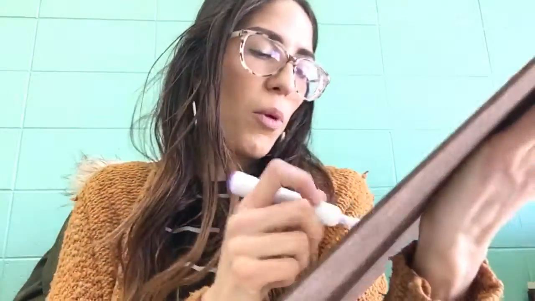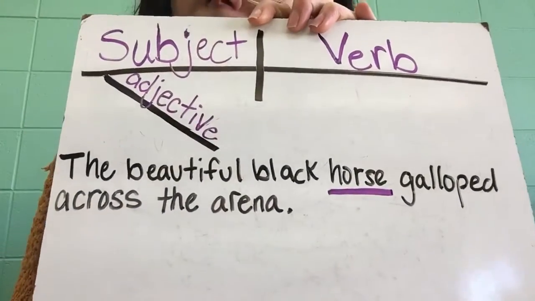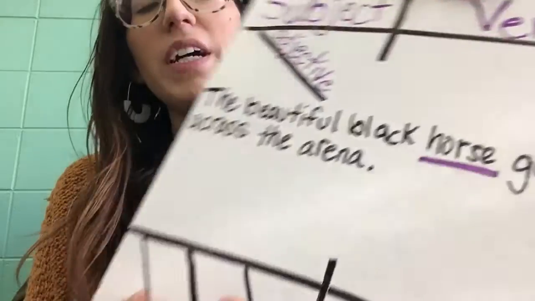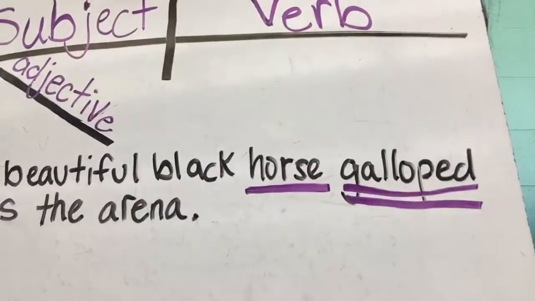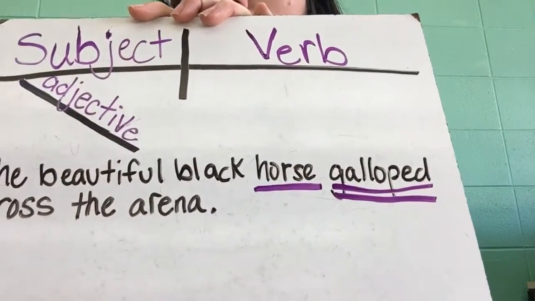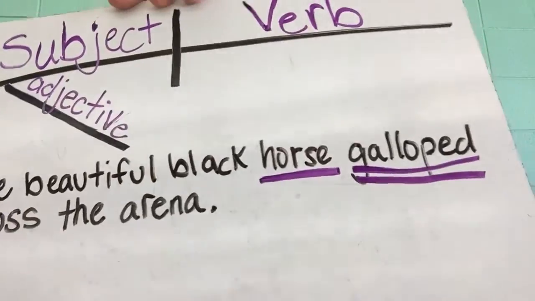So we'll underline that one time, right? And then what is our verb? Very good, galloped. We'll underline that how many times? Yes, good, 2 times. And then we'll put the subject-verb dividing line, right? Between where? Good, between horse and galloped.